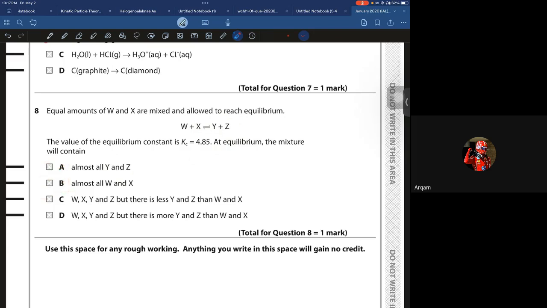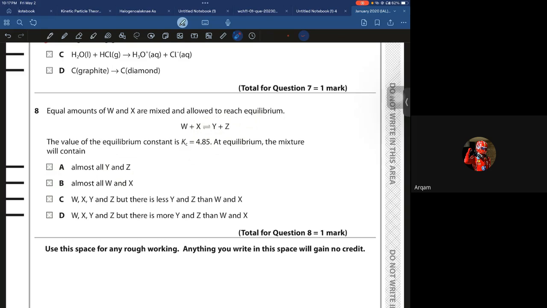We have to decide between C and D. In C, they are saying W, X, Y and Z, but there is less Y and Z than W and X. Why? Your Kc is greater than 0, which means the reaction would be converting into the product side. It's going to shift towards the right.